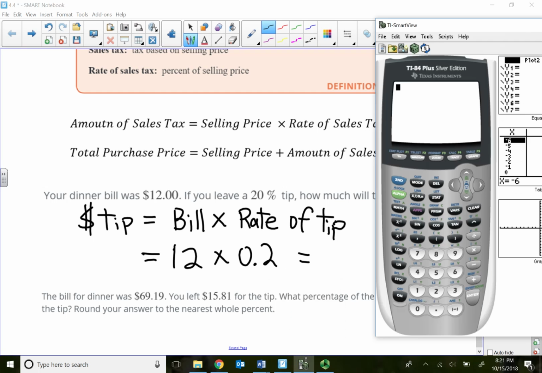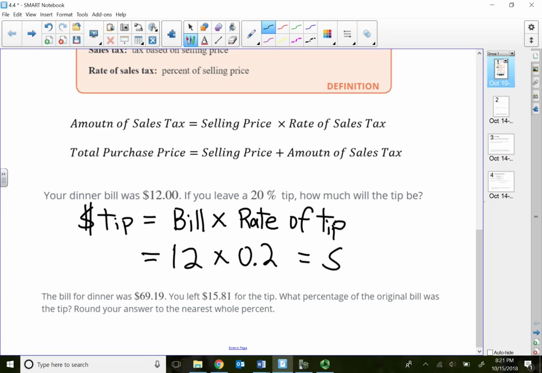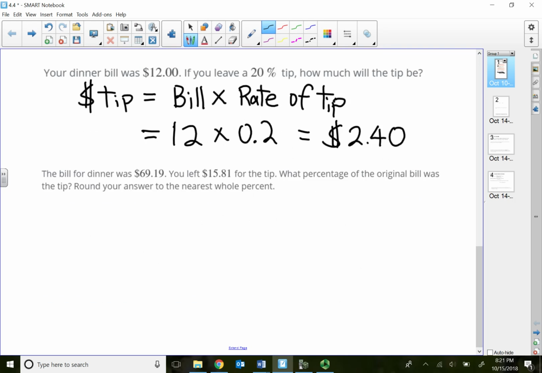If I put that in my calculator, my tip is going to be $2.40. That's all there is to it.